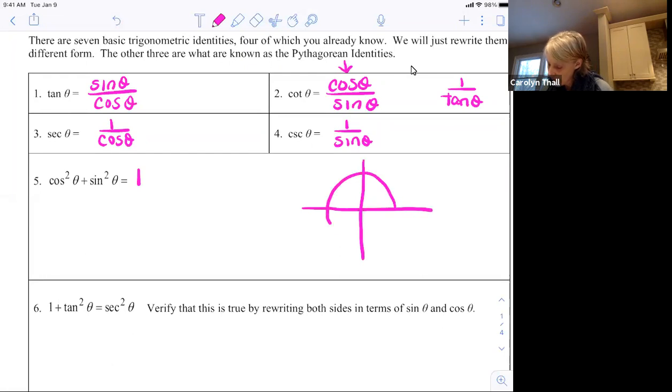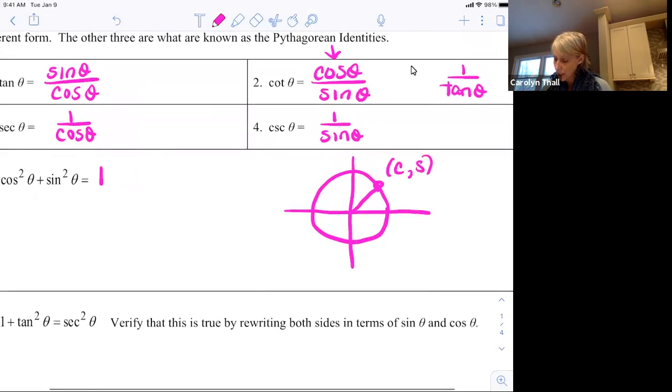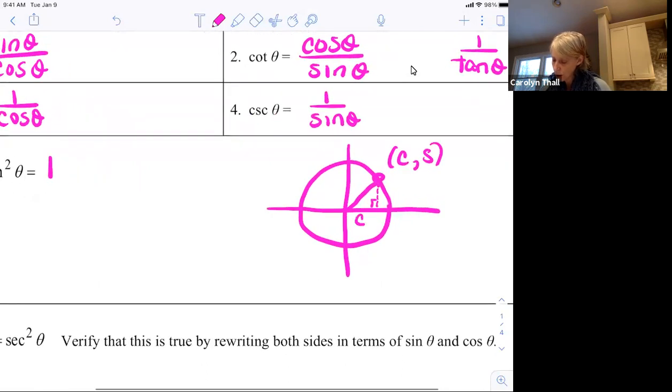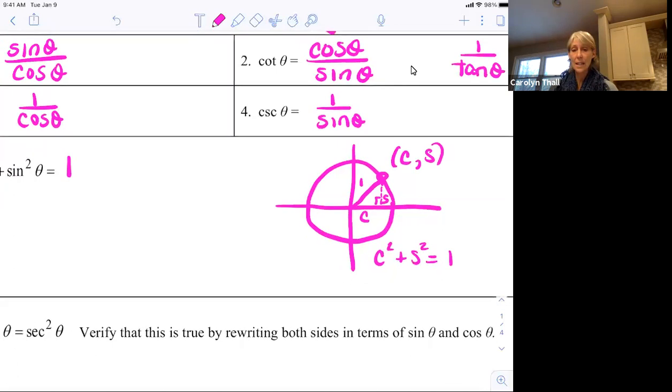We know that any given point on a unit circle, the x value is the cosine of that angle, the y value is the sine of that angle. If we make a triangle out of it, cosine, sine, radius of 1, we get cosine squared plus sine squared equals 1. So that's really where this identity comes from.